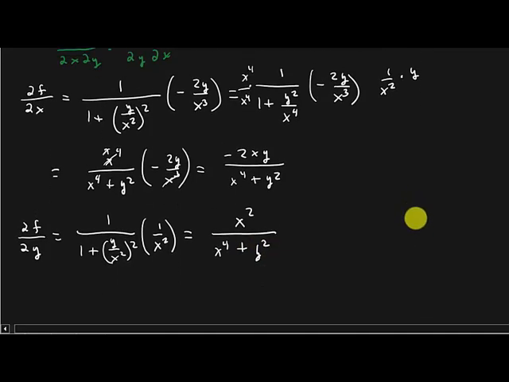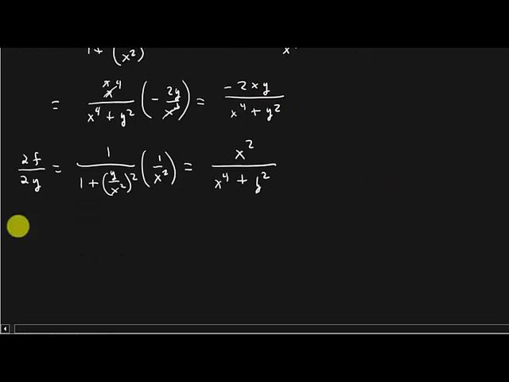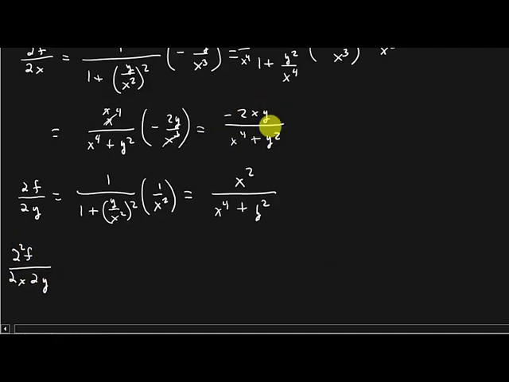So there you go. And then what we would have to do is take the partial of this with respect to y. So I've got the second partial of f with respect to x and then with respect to y. So I need to take the partial of that with respect to y. So we're going to have to do quotient rule there.